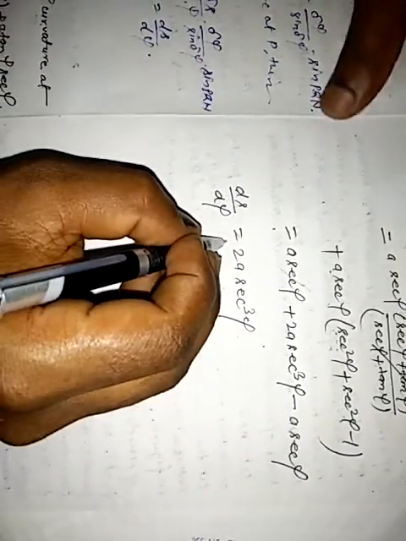These a sec psi terms cancel out, which implies 2a sec cube psi is ds upon d psi. This is said to be rho, the radius of curvature.